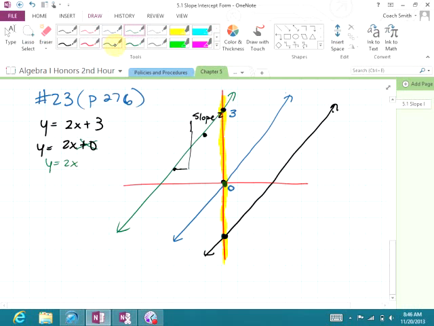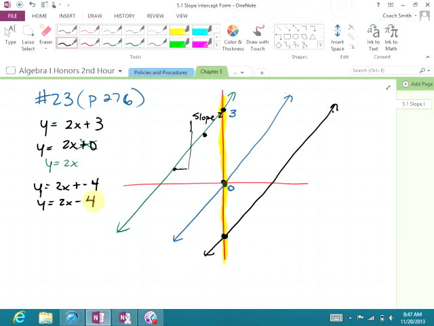And then the third one was y equal 2x plus negative 4, which is the same thing as y equal 2x minus 4. Those are your 3 equations in slope-intercept form.